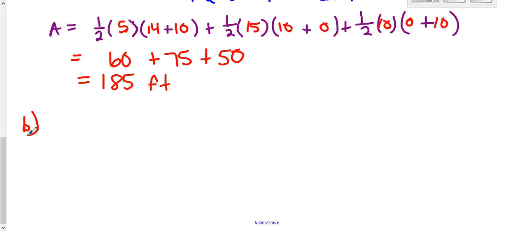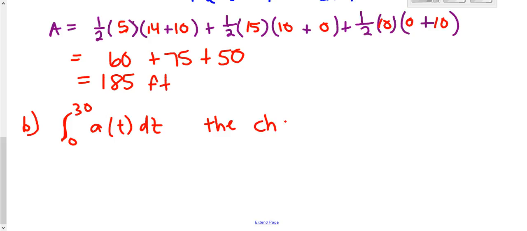For part B, we need to think about the integral from 0 to 30 of the acceleration. It's the change in whatever the integral of the acceleration is. If we integrate acceleration, we get velocity. So it's the change in velocity.